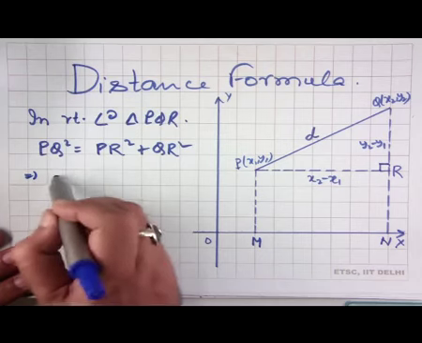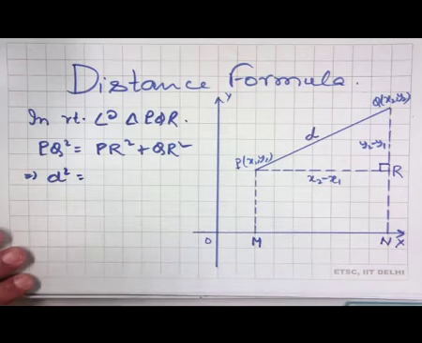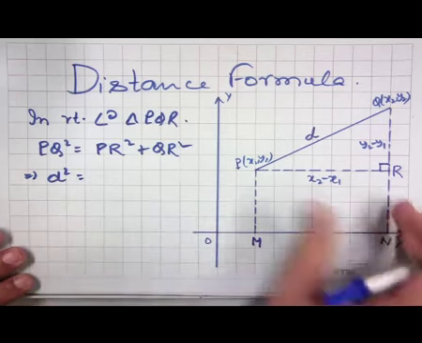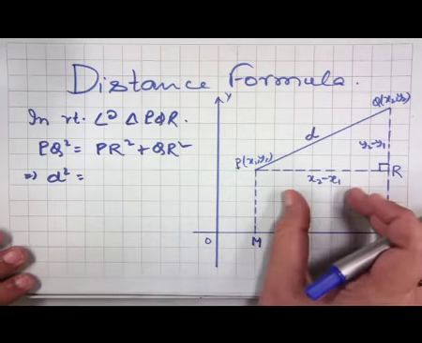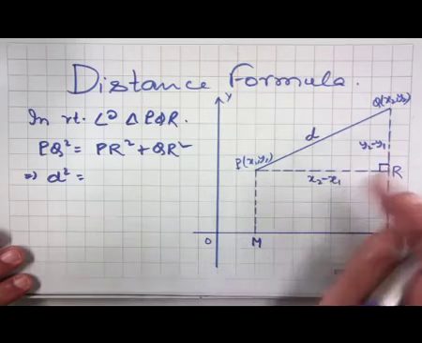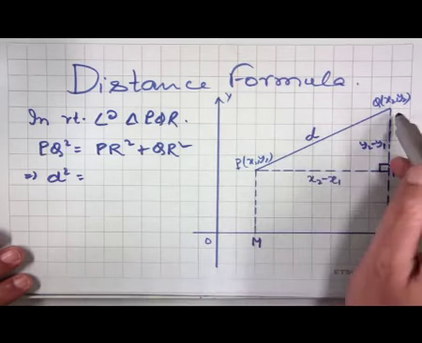This implies D square is equal to PR, meaning x2 minus x1. Why x2 minus x1? Because the coordinate of P is (x1, y1) and the coordinate of Q is (x2, y2).